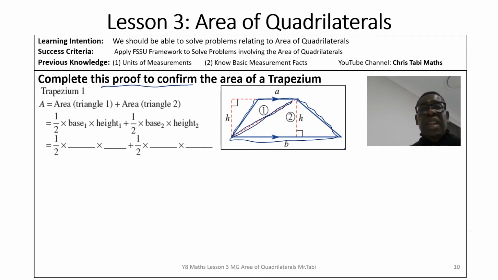Okay, now what do we know? What do we know for triangle 1? For triangle 1, we know that the height is h, and we know that the base, probably let's write it in full.